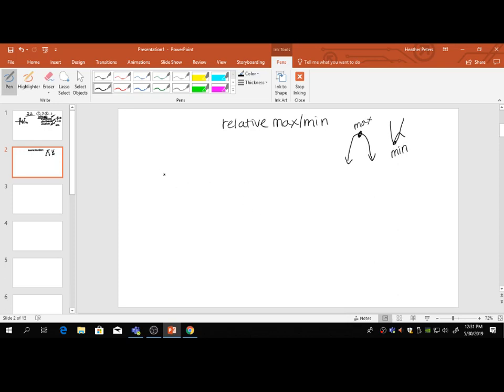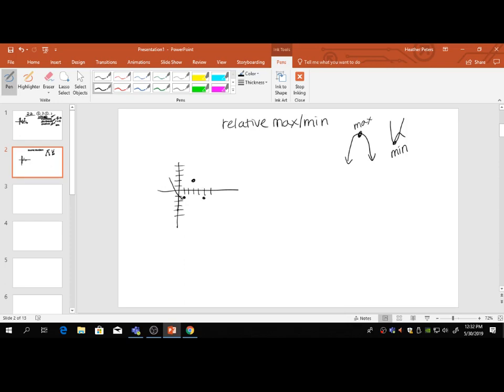Now if you have multiple things going on, so let's say you have something like this. Let's say you have something here at 3, 2, 1, negative 1, and we'll say at 5, negative 1.